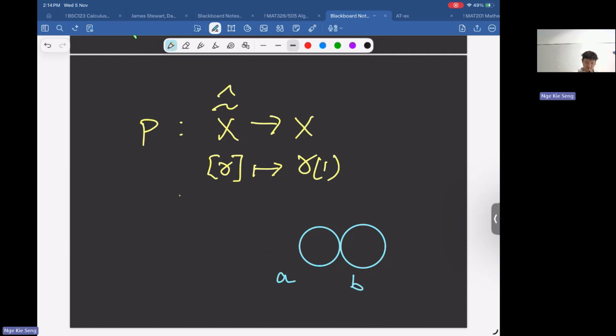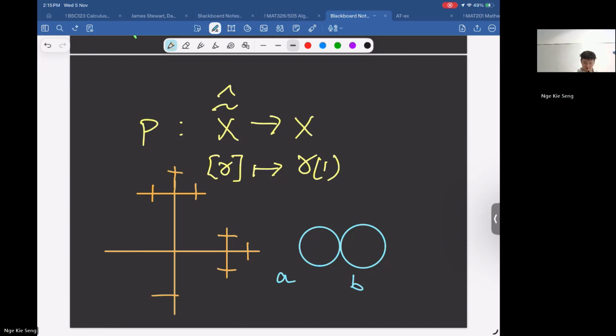Not big enough, let's draw bigger. Let's go to this level, go up a bit, and here. Okay, so let's choose this A, choose this B.